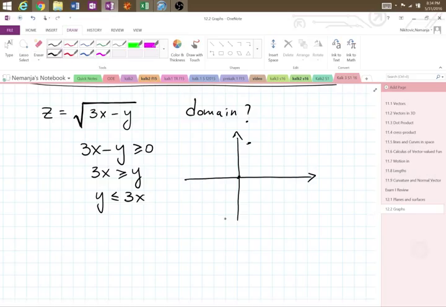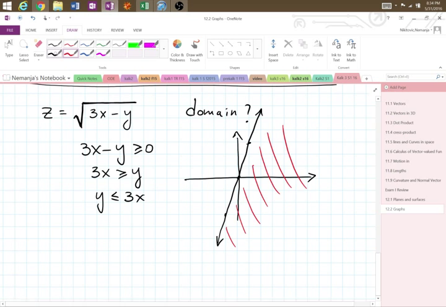And this time we use a solid line, and we shade the region where we have all of the points.